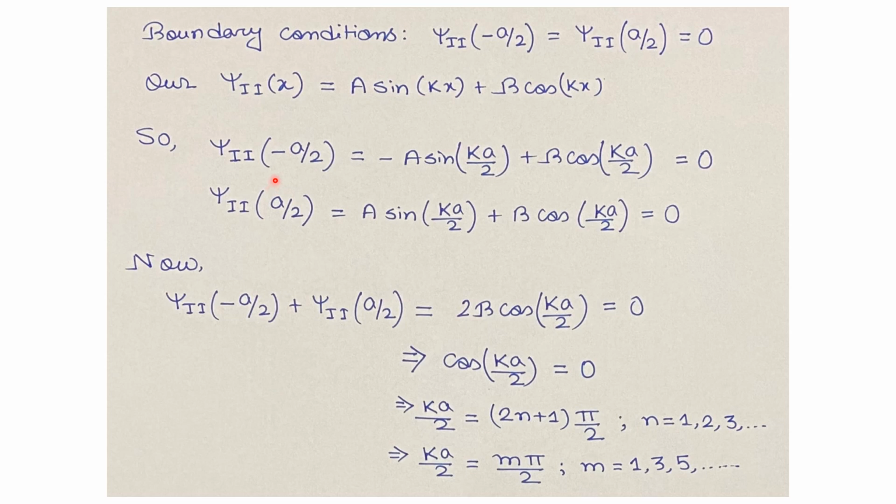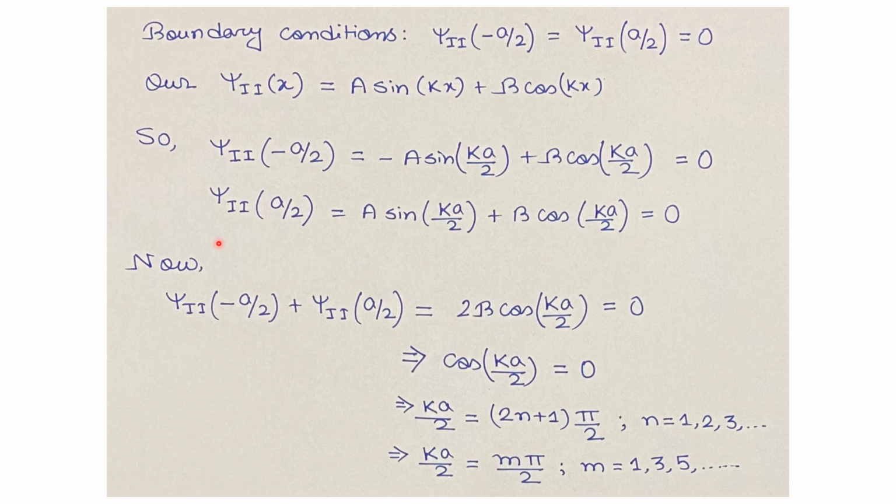At x equals minus a by 2, psi 2 of x is minus a sin ka by 2 plus b cos ka by 2, that is equal to 0. It is coming from this boundary condition. Also, psi 2 at x equals a by 2 equals a times sin ka by 2 plus b times cos ka by 2 equals 0.